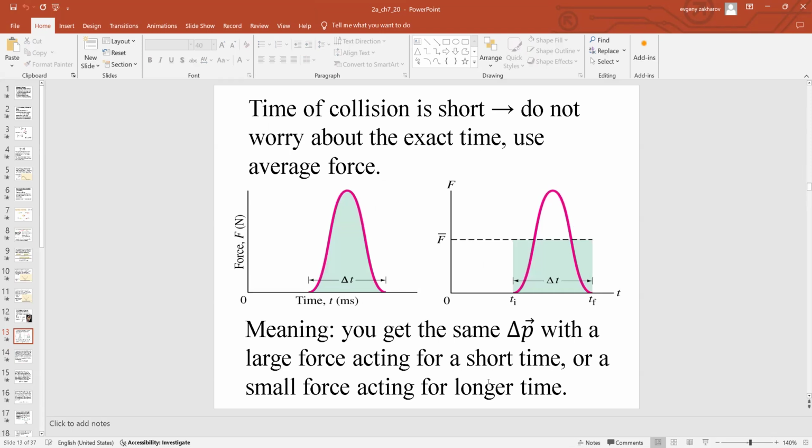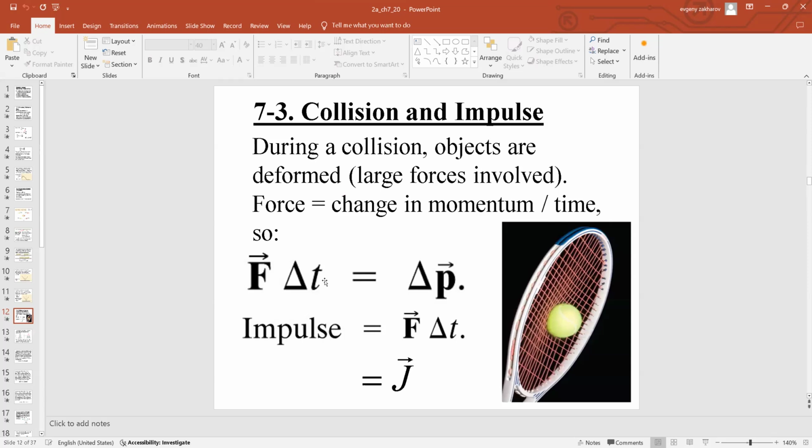And you might say, hey, forces are different, timing is different. How is that possible? Well, it is possible because change in momentum is the product. More force, less timing, or more timing, less force, you will get the same product. Say 2 times 5 versus 5 times 2. The product is 10 anyways. So the change in momentum is the same, even though the forces are different and timing is different as well.